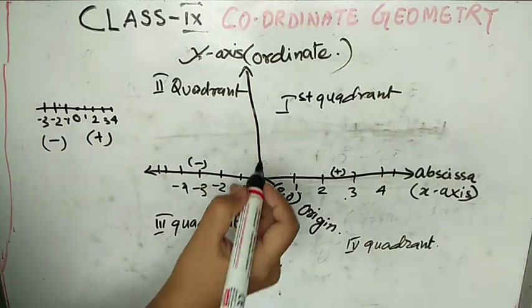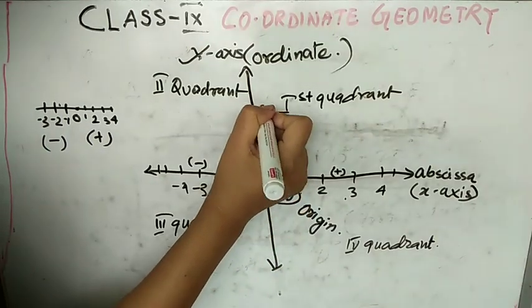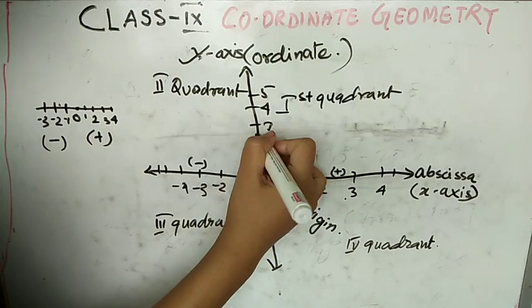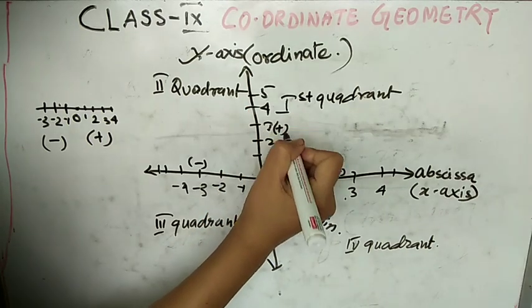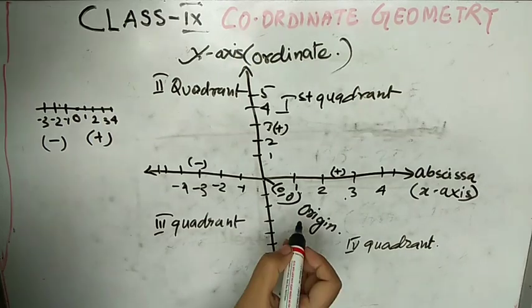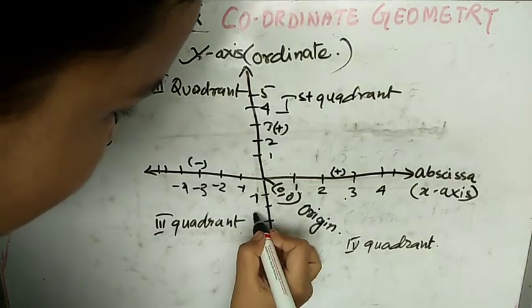The same goes with the y-axis, that is the vertical line. The numbers that are represented at the top are the positive numbers, and the numbers that are represented below are the negative numbers.